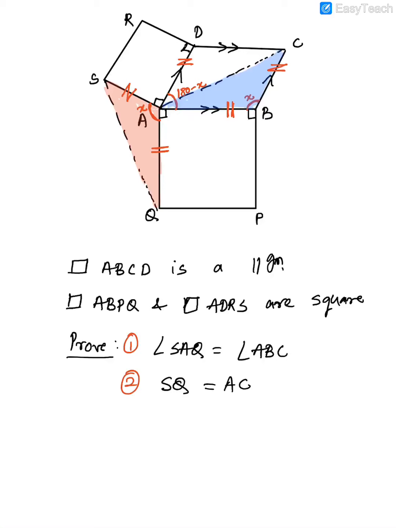Why is AD equal to BC or CB? Because they are opposite sides of a square. Sorry, opposite sides of a parallelogram. Now I have proved that SA is equal to DA and DA is equal to CB. That means SA is also equal to CB. And therefore these two triangles are congruent to each other by which test? SAS. Once you prove these two triangles are congruent, then you can also say therefore SQ is equal to AC because of corresponding parts, CPCT, simply short. You can just say CPCT. Okay.